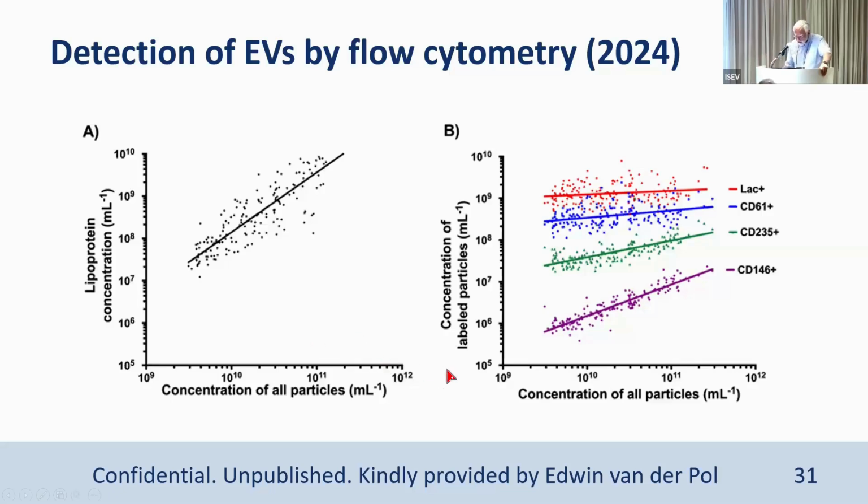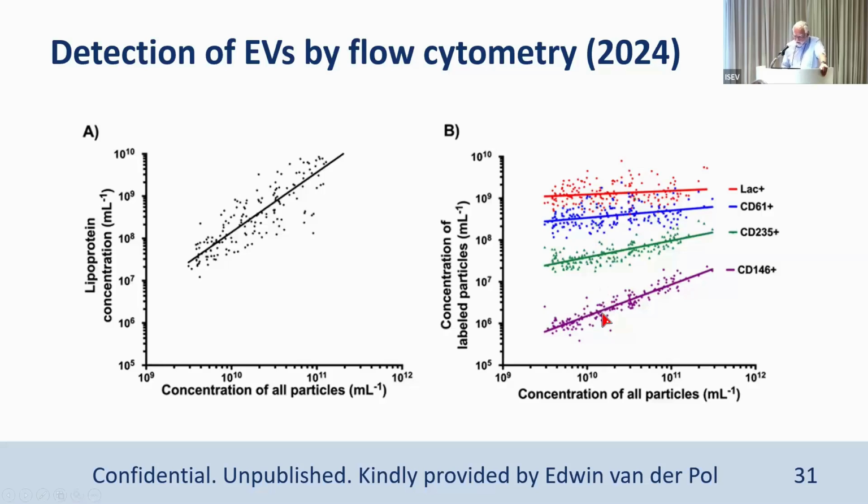Now, the interesting observation is this: if you plot the concentration of all particles, again, just as here on the x-axis, here Edwin plotted the concentration of labeled particles, so with antibodies with a fluorochrome. This is the concentration of labeled particles we measured. Now, this is lactadherin-positive particles, so PS-exposing particles, platelet particles, red blood cell vesicles, and endothelial vesicles.